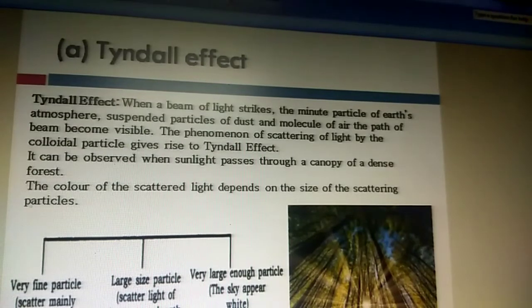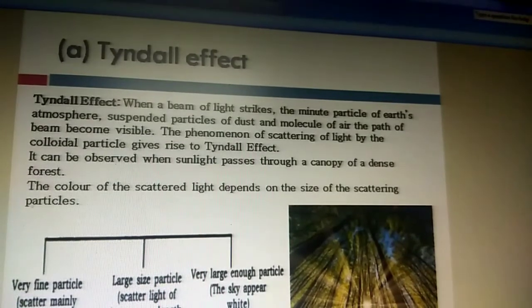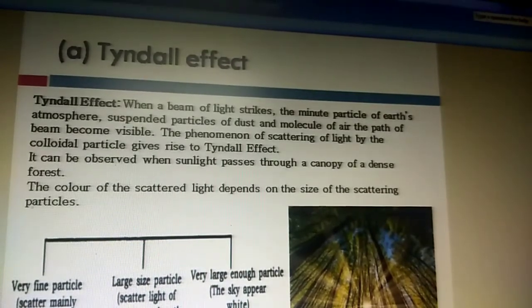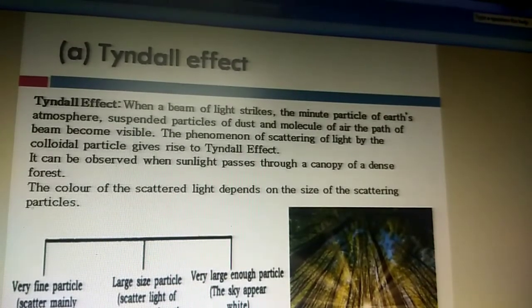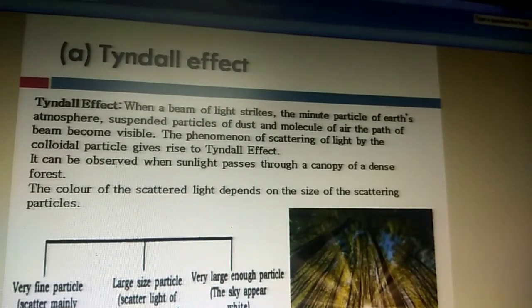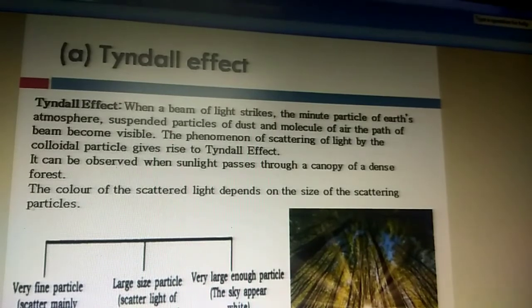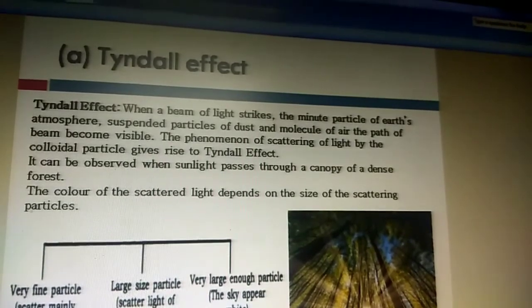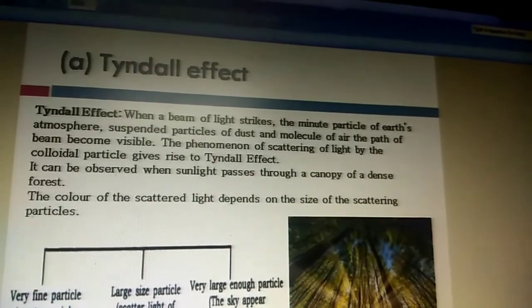This phenomenon of scattering of light by colloidal particles gives rise to the Tyndall effect. It can be observed when white light passes through the canopy of a dense forest. The color of scattered light depends upon the size of the scattering particles.